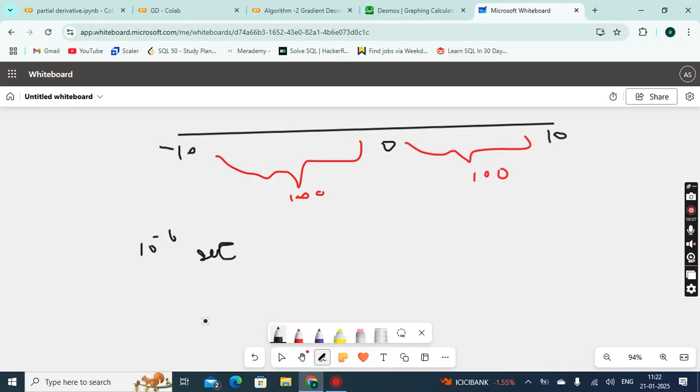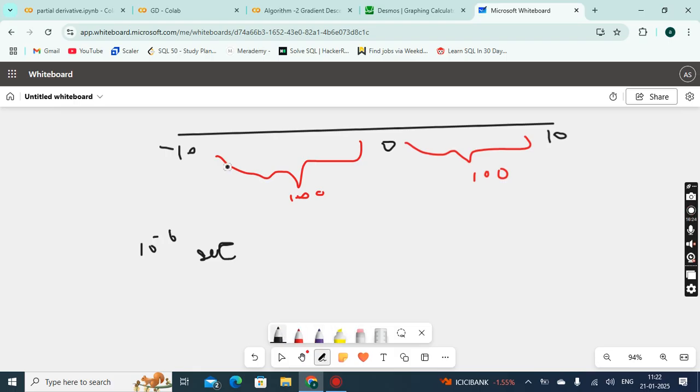So this much time is required for doing an operation, any operation, whether you are doing plus, multiply, minus, divide, anything, it will require this much time, right?